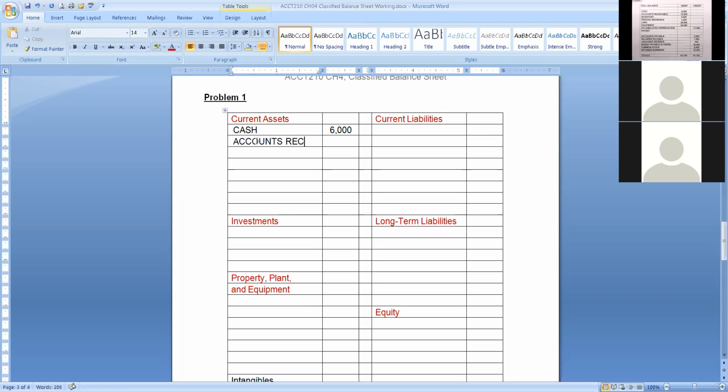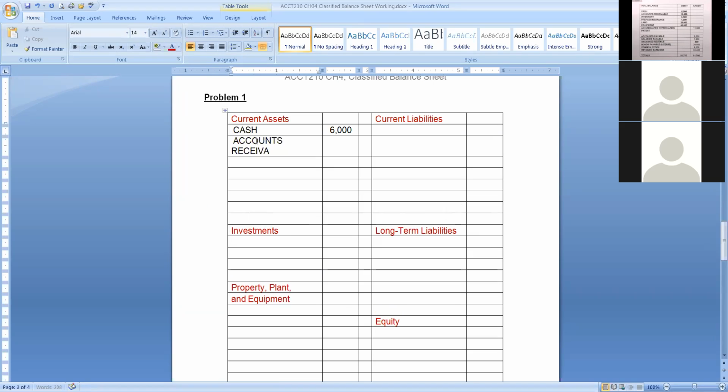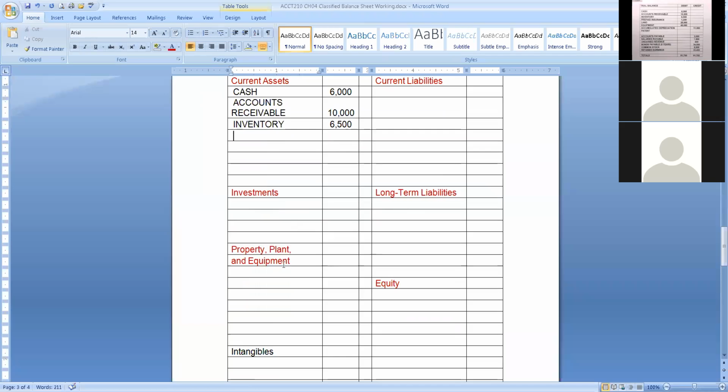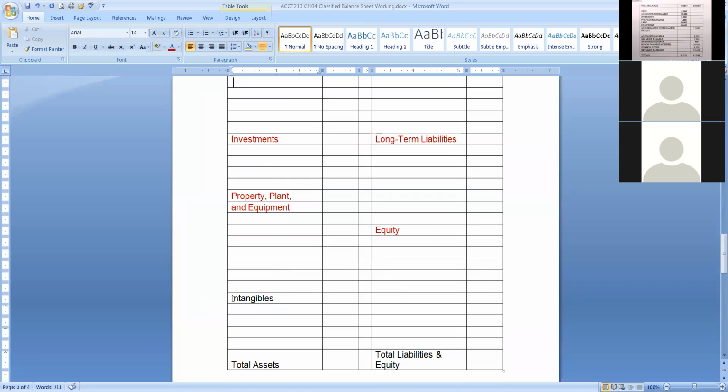Inventory. Receivable, inventory. Those are prepaid insurance, yep.